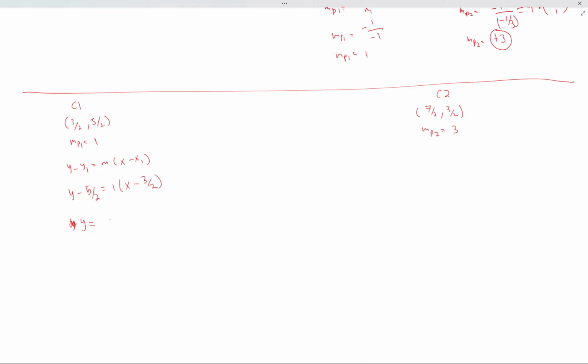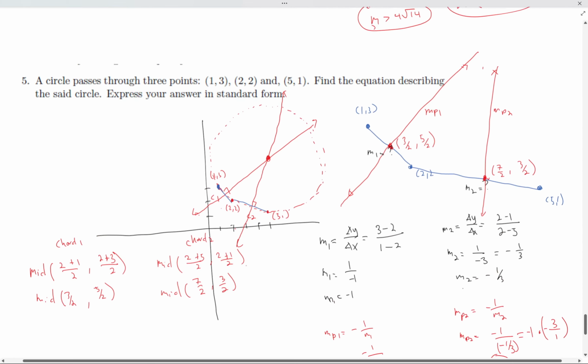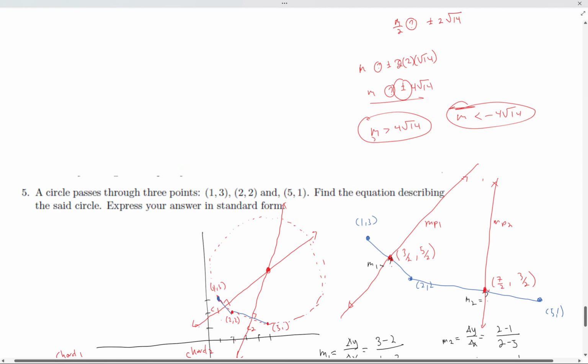So this becomes x minus 3 halves plus 5 halves. Since those have the same denominators, this is negative 3 plus 5, or 2 over 2. In this case we have x plus 1. This is the equation of this perpendicular bisector.